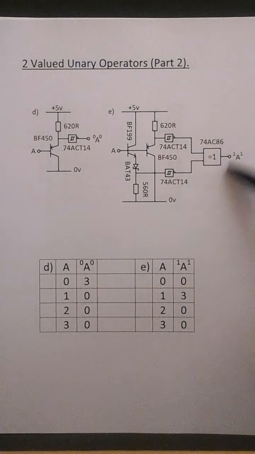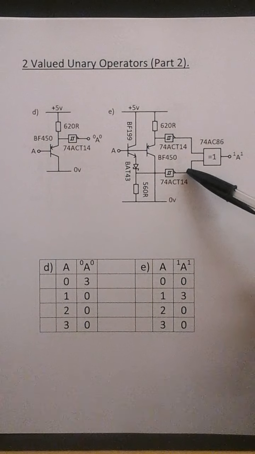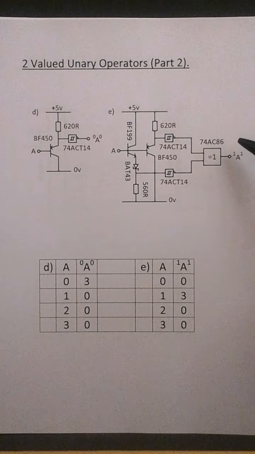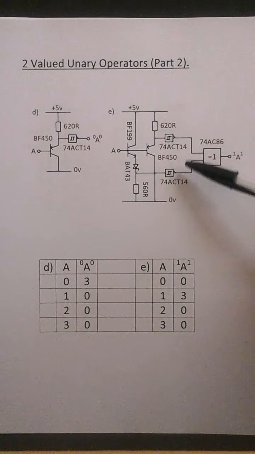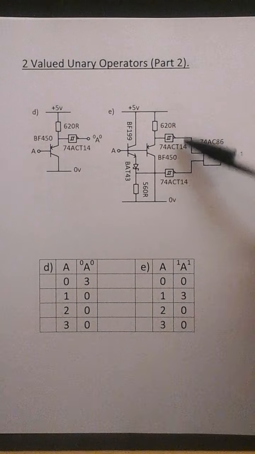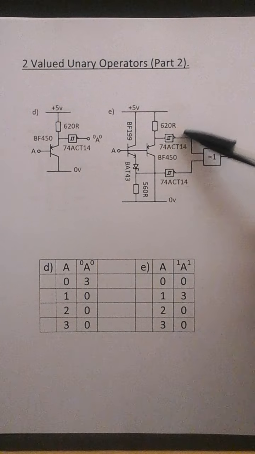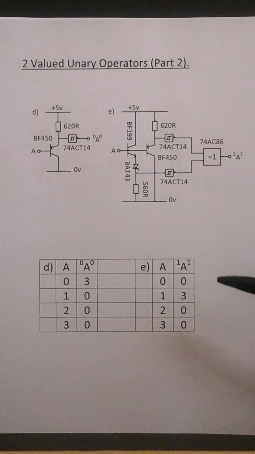So this is a circuit diagram. This is A2 and this is A1, not A1, not A2. The output of the exclusive OR gate is a 1 when these are different, 0, 1 or 1, 0, and 0 when they're the same, either 0, 0 or 1, 1. So that's how you produce the output.